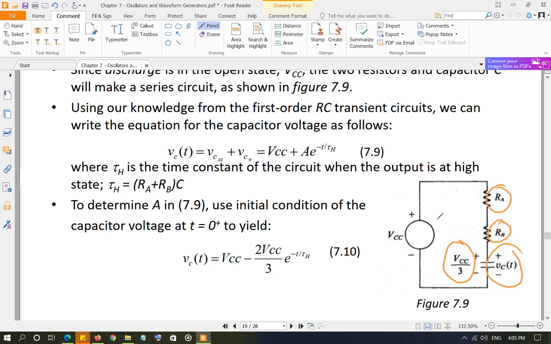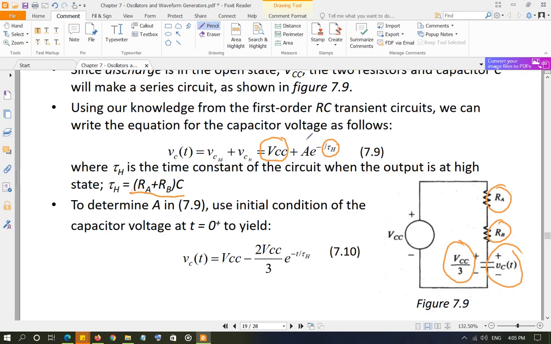But if you let it charge, then the final voltage that can appear across the capacitor when the time tends to infinity is VCC. So that's the steady state value of your capacitor voltage. And then A e to the power negative t over tau H. Now I'm writing tau H for the time constant for the high time when the output is high, and that time constant, of course, is the two resistors in series times the capacitor, RA plus RB times C.